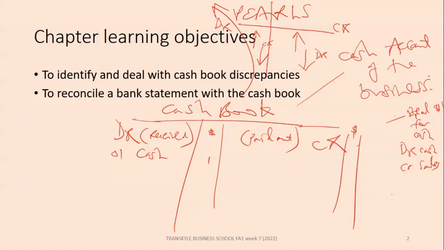But when we say we have made a sale, it doesn't mean that in the cash book we write $1 here and then on this side we write sales. It doesn't mean that transactions you are seeing on the debit are going to be the same on the credit. It doesn't work like that.